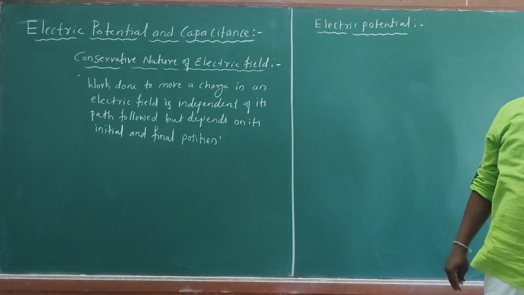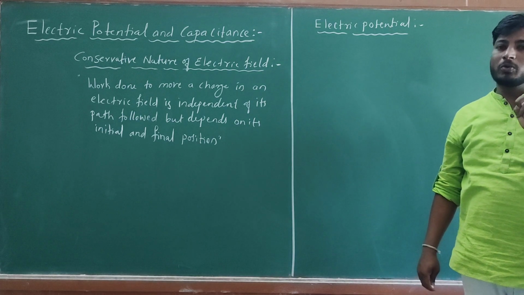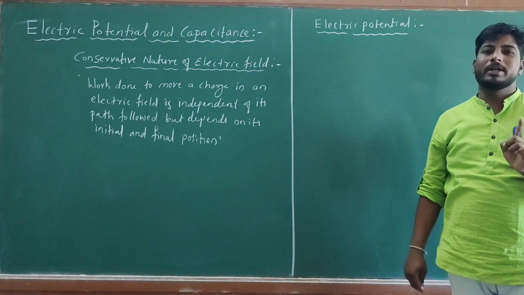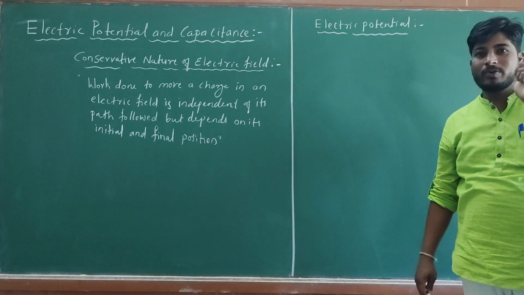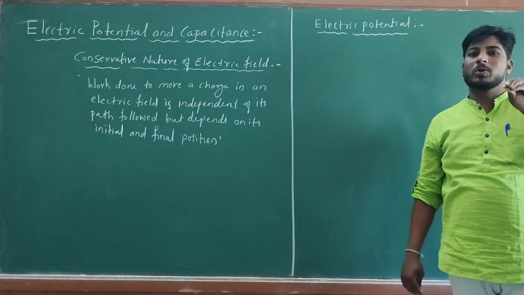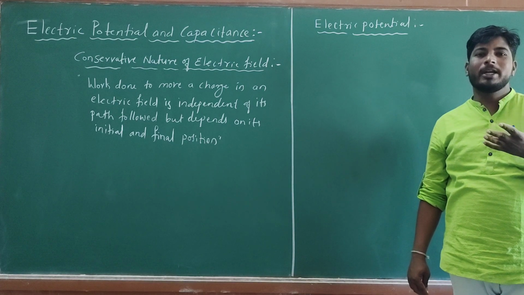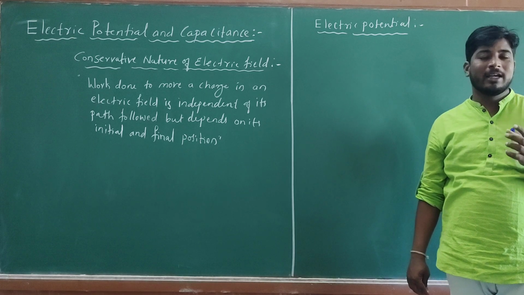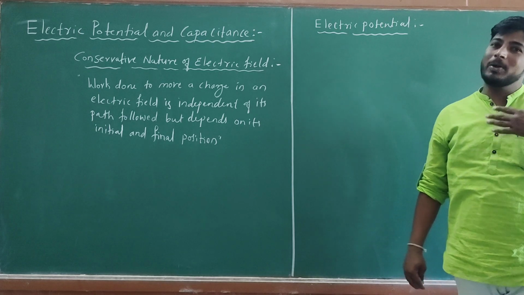So, electric potential is the work done to move a charge, a unit positive charge, from infinity to that point against the electrostatic field or electrostatic force. I will repeat once again.